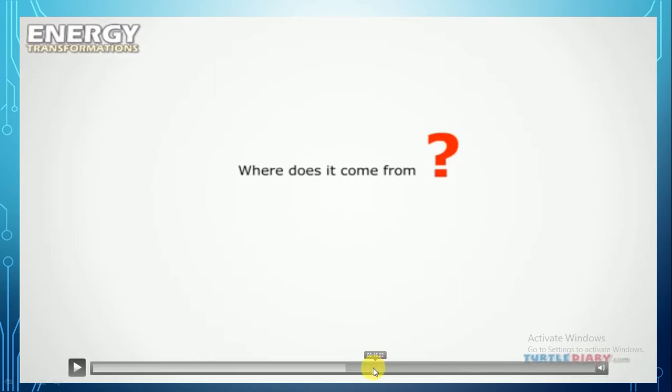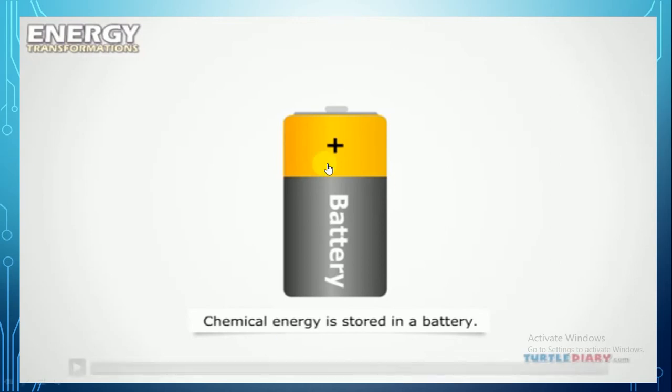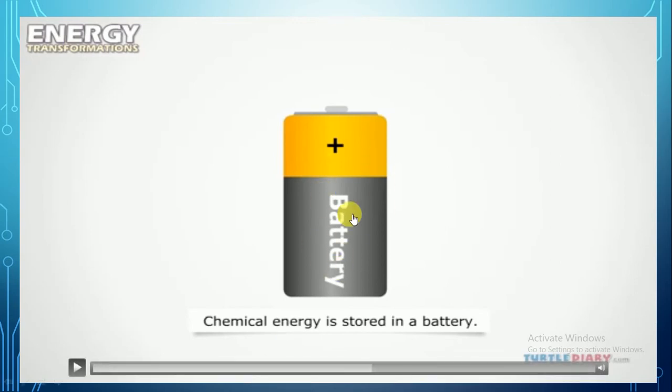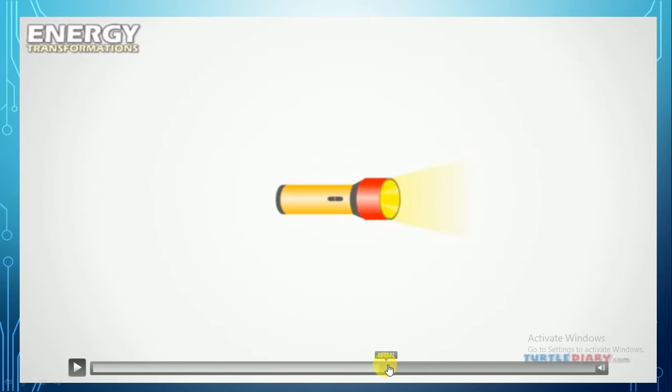Okay guys, so let's see some transformations of energy forms. Here in this battery, there is chemical energy stored inside the battery. This chemical energy changes to electrical energy and it makes the toy move, or this light, excellent.